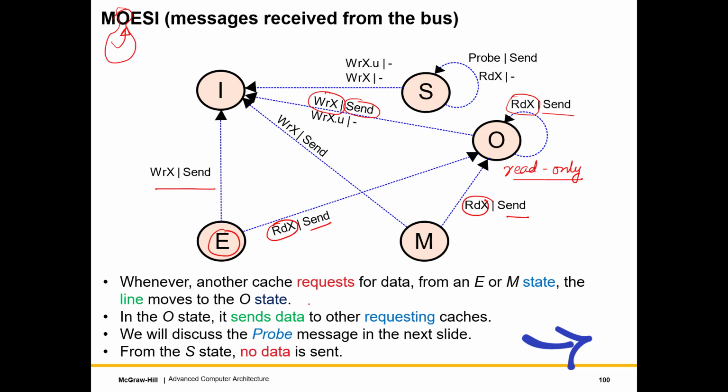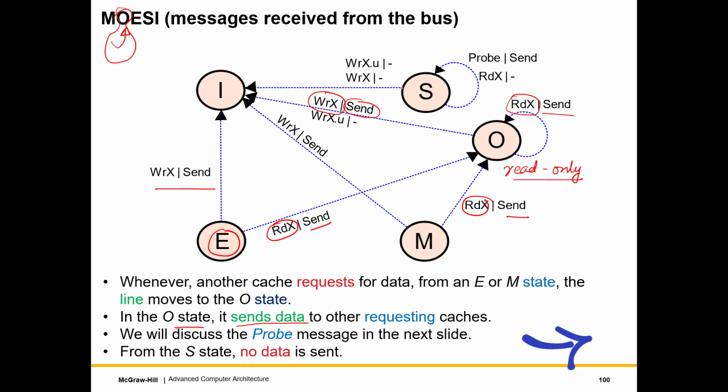Otherwise, in the O state, we send the data to other requesting caches, and we enter the O state when we receive a read miss in the E or M states. This records the fact that I am an owner, it's my job to send. So we are not going to compete on the bus anymore. This makes this part of the protocol very power efficient. And the owner's job is just to send and answer all queries for a given block.